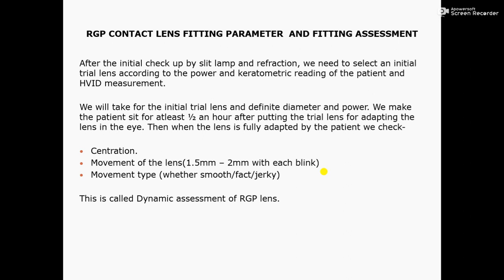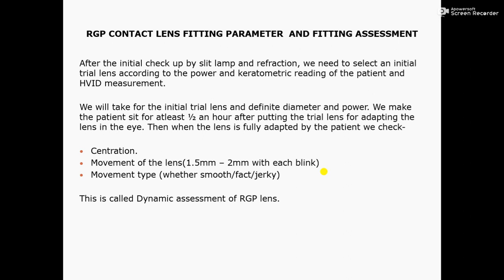We make the patient sit for at least half an hour after putting in the trial contact lens for adapting the lens in the eye. Then, when the lens is fully adapted by the patient, after that we will check whether the contact lens is centered or not.